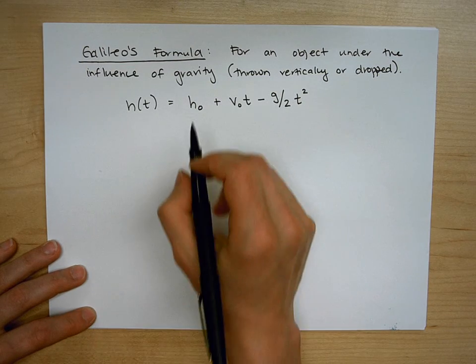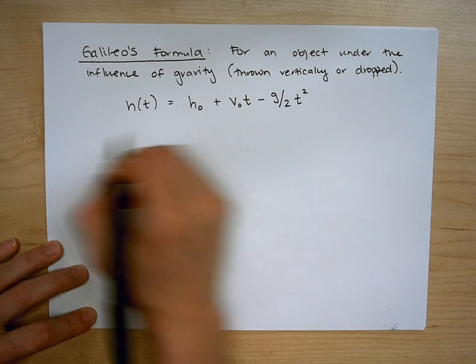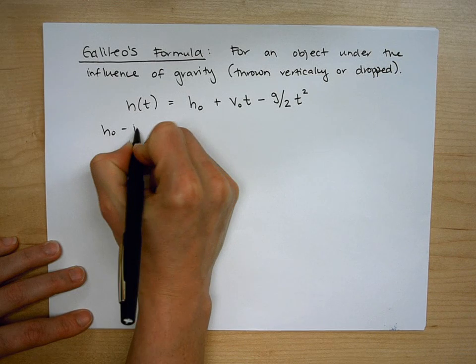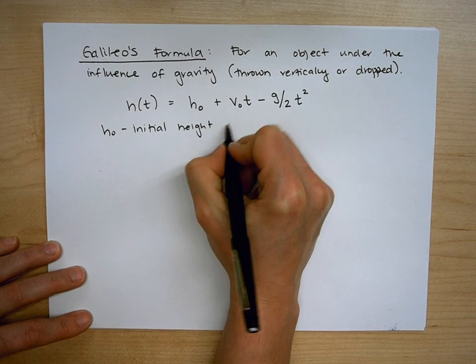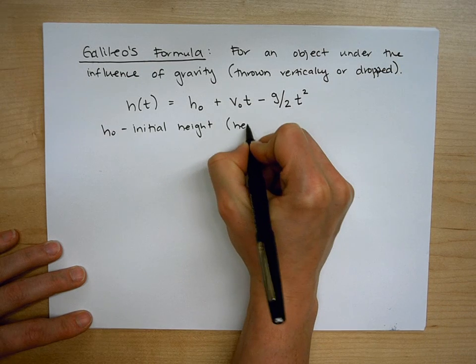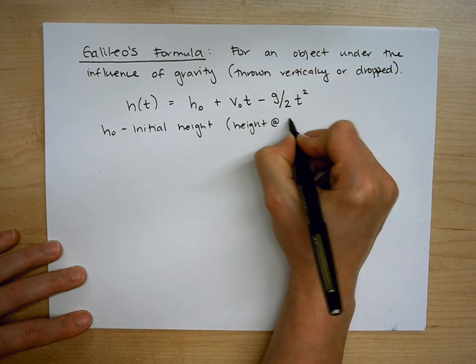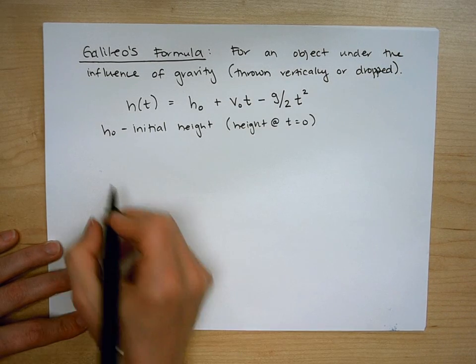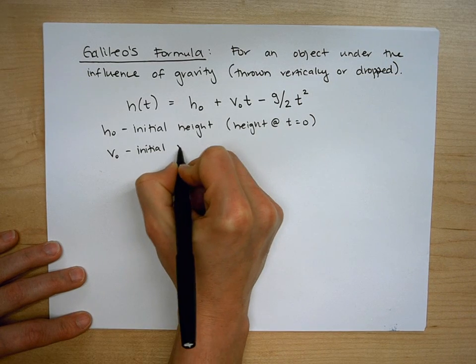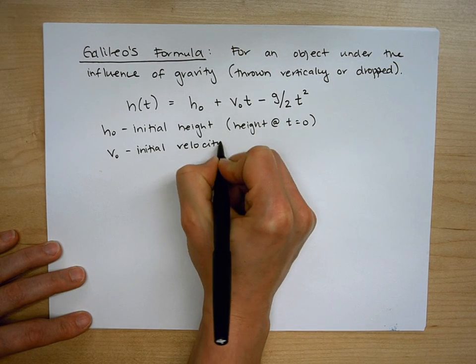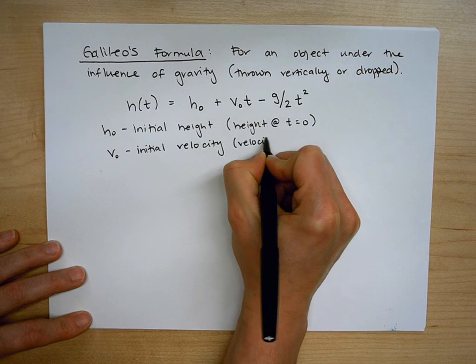Again with this one, the h naught is the initial height, so essentially that's the height at time 0. V naught is the initial velocity, so the velocity at time 0.